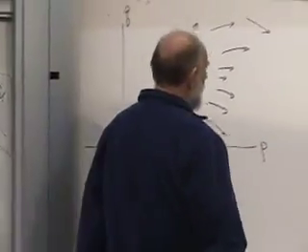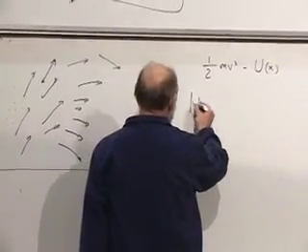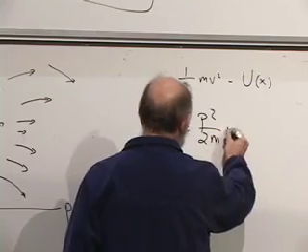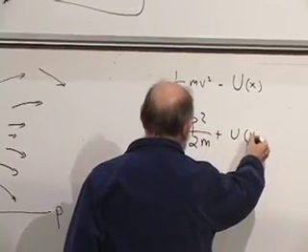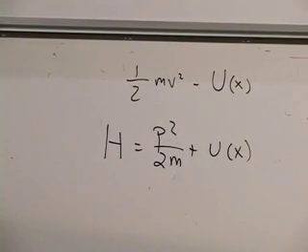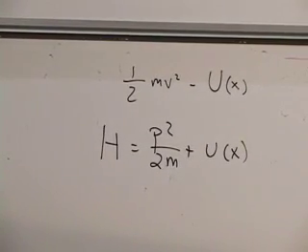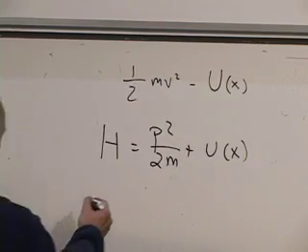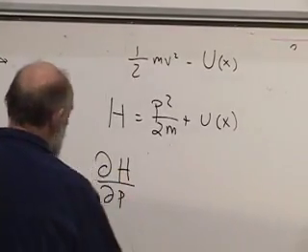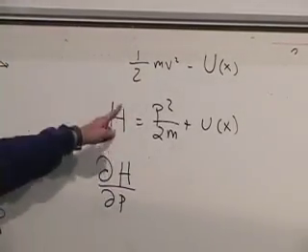So what is a Hamiltonian? Everybody remember that it's p squared over 2m plus U of x? P squared over 2m plus U of x is the Hamiltonian. Let's just check Hamilton's equations. The derivative of H with respect to p, differentiate that, that's p over m.